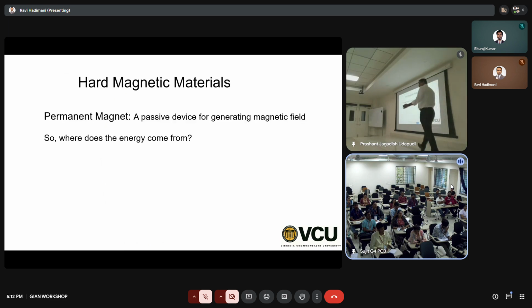Permanent magnets are a passive device for generating magnetic field, right? So you get perpetual energy from permanent magnets. They're not like batteries, right? Batteries, after certain use, they go away, but permanent magnets give you a magnetic field perpetually.